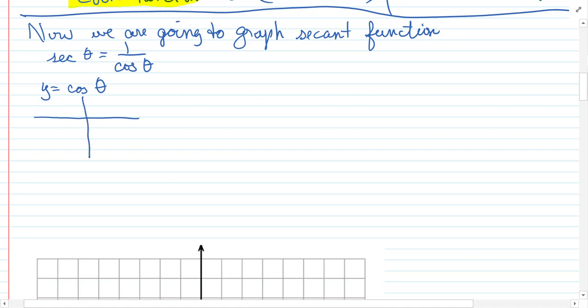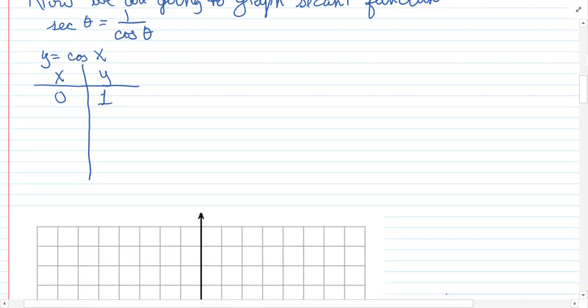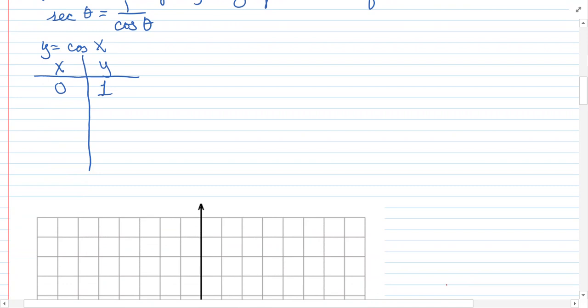We're going to do a t-chart. X is radian measure, and my y is the ratios. So I'm going to start at 0. And if I do 0, I get 1. All right, that's good, right? 0, 1. Then let's do pi sixths.